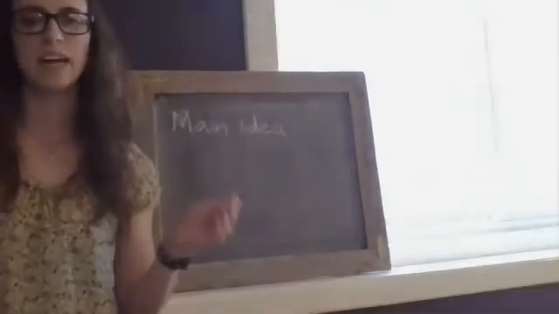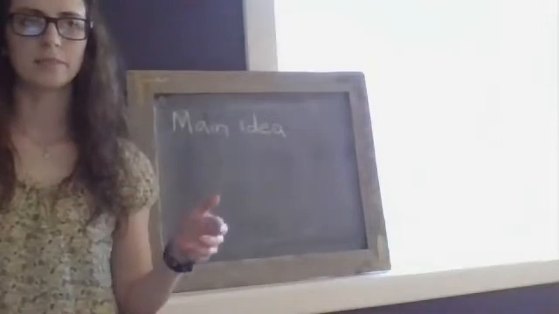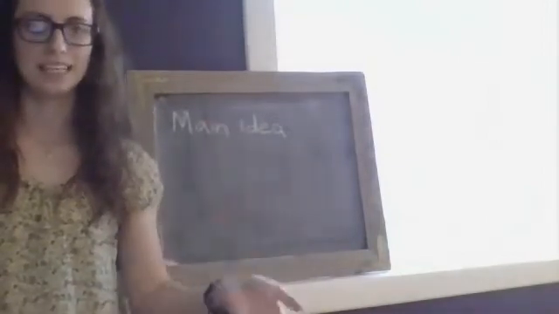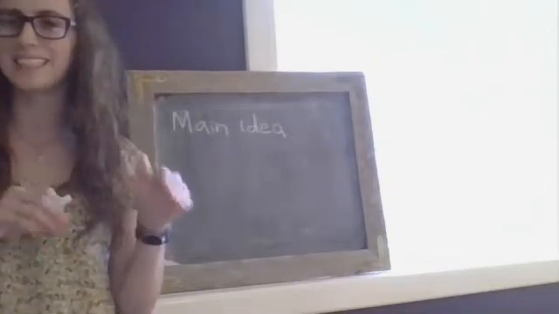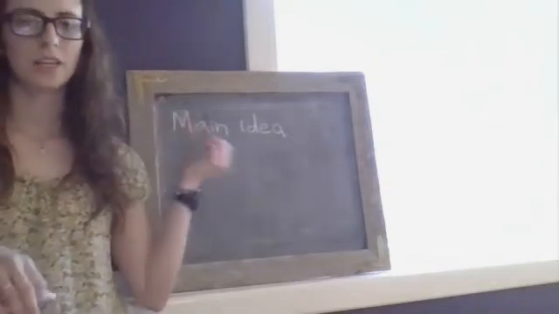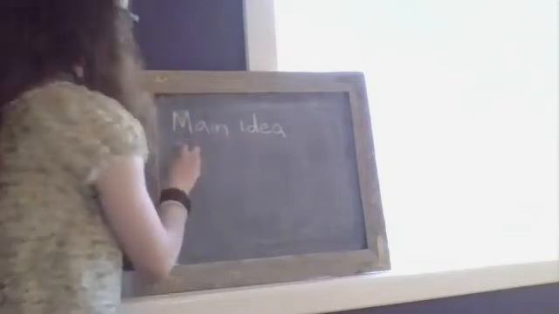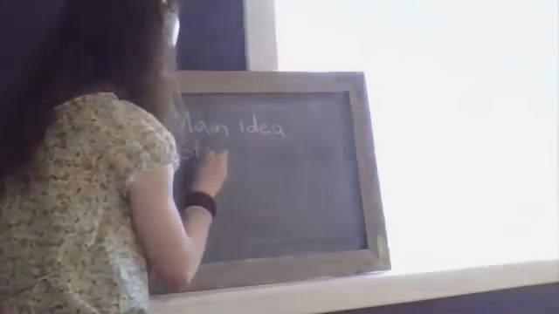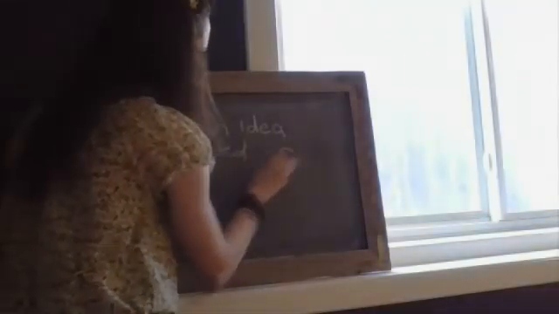So a stated main idea is when the author says in a sentence what the main idea is. An implied main idea is one that you kind of have to do a little bit of digging to find. So after you figure out what the main idea is, you're going to tell me, is it stated or implied?